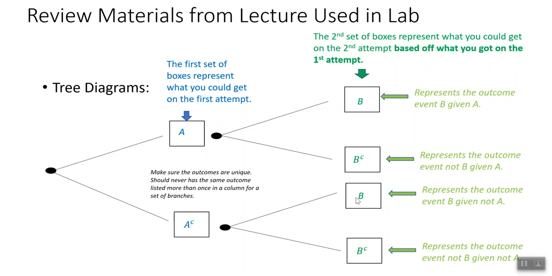Then the outcome of event B given not A has occurred, and the outcome of event not B given not A has already occurred. So remember, your second set of boxes represent conditional probabilities. The event of something happening given the first outcome is already known.